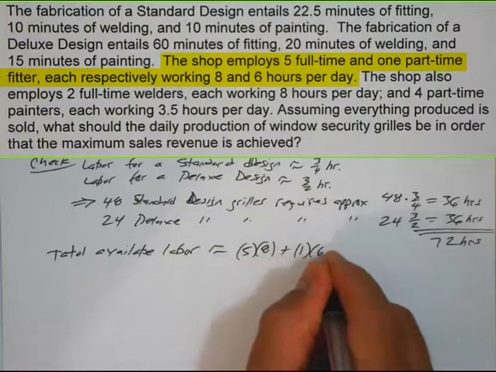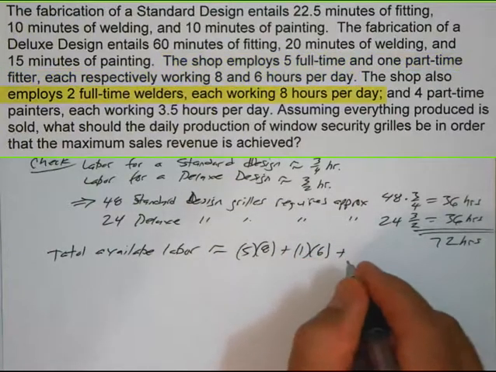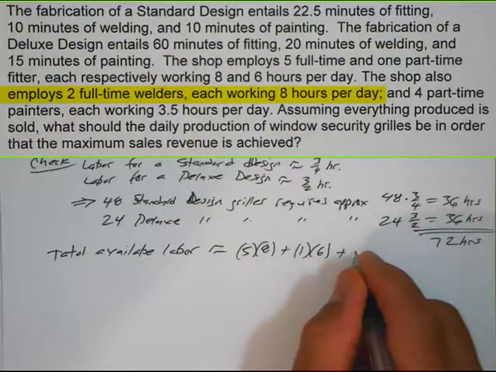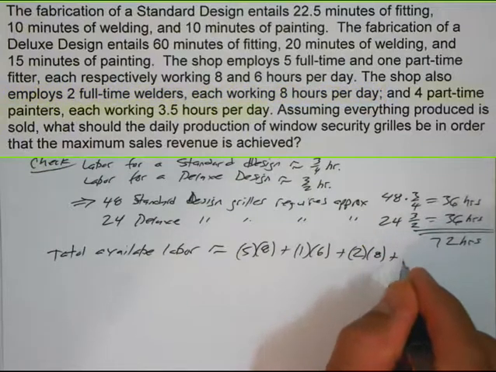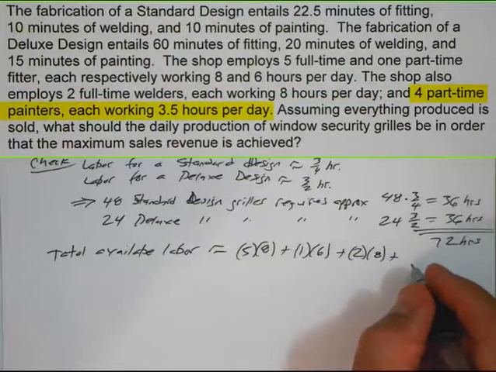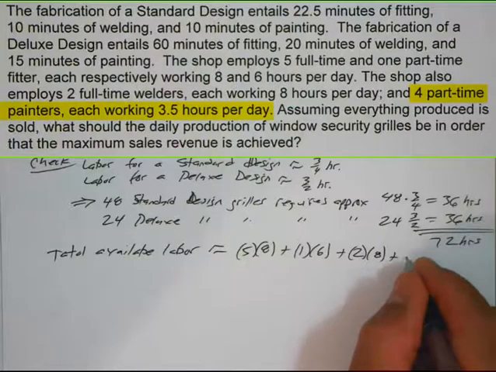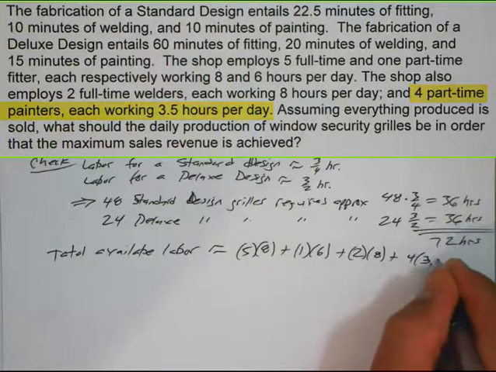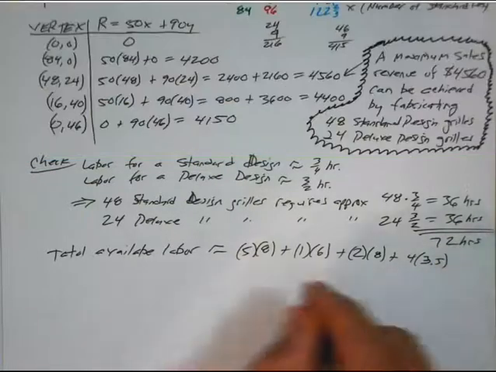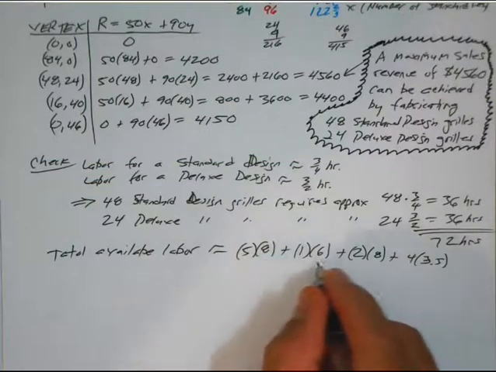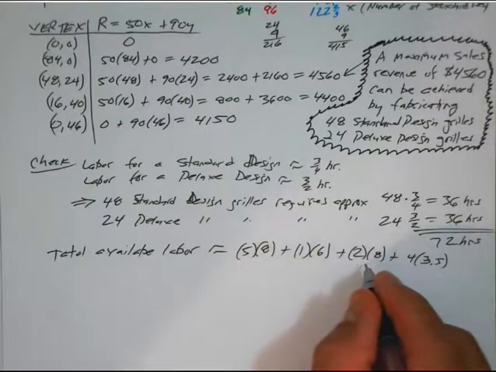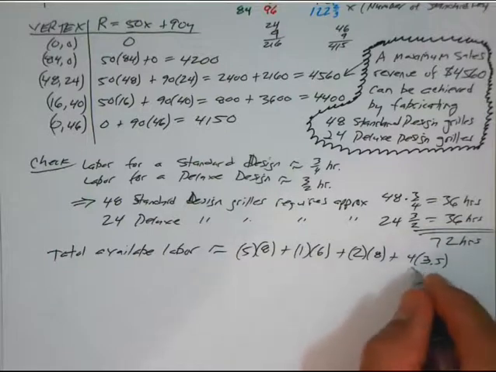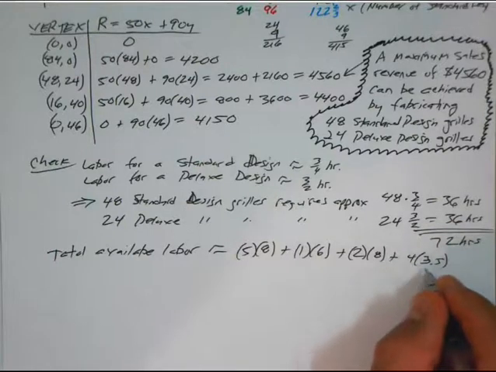And then we have these welders, 2 full-time at 8 hours. 2 by 8. And then there are 4 part-time painters, each at 3.5. 4 times 3.5. What's this equal to? 40, 46, 16 more, 56, 62, and 14, 72, 76. Okay, 76 hours.